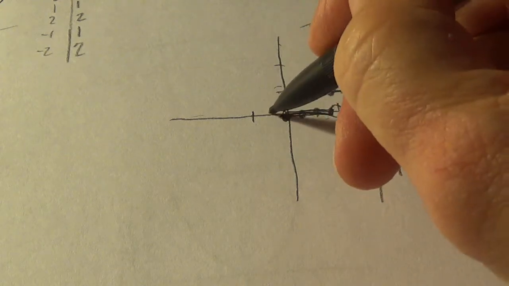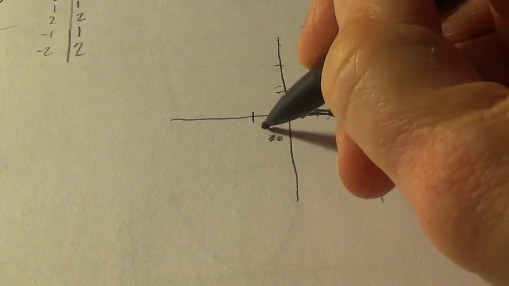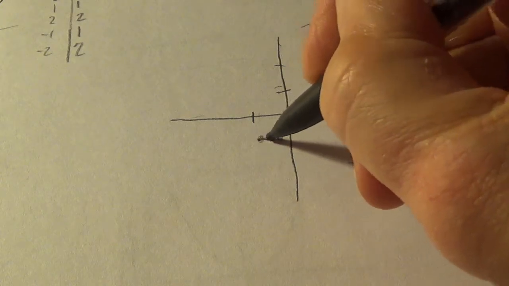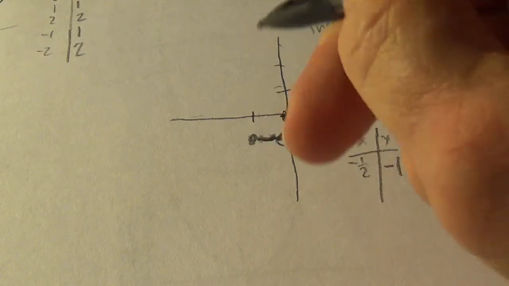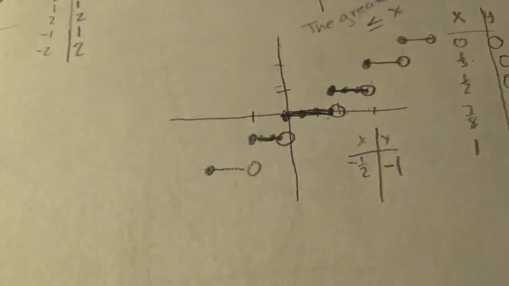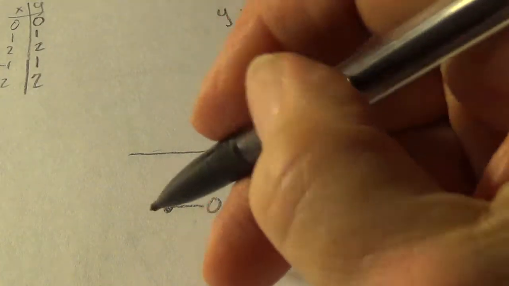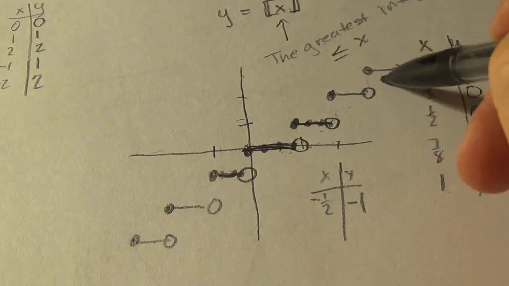It's -1. So that would be the same for -1/3, -1 7/8, and it'd be an open circle here, closed here. And this pattern will continue. So, like that. Keep on keeping on. Alright, so it's like the stairway to heaven.